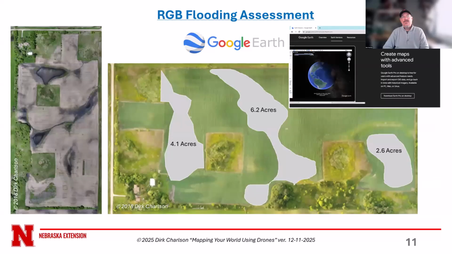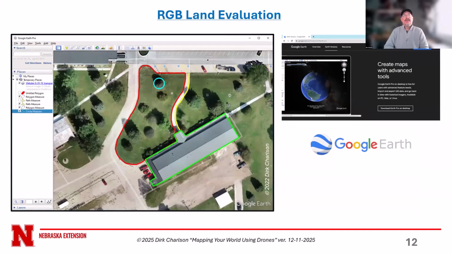That's what I've shown here, where we have these three polygons and were able to measure how many acres were affected by that flooding. Two things I want to note here: first of all, you can use software called Google Earth, which is free. Once you have your imagery, you can put that into Google Earth and you can make all kinds of measurements like this, which I believe are the next slides.